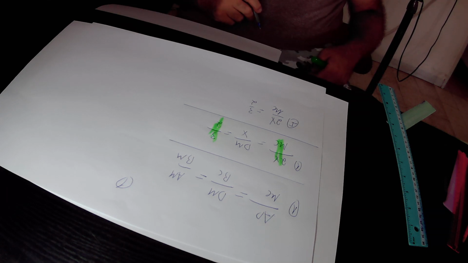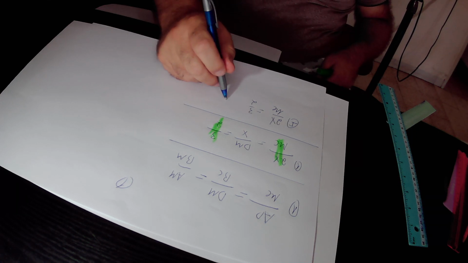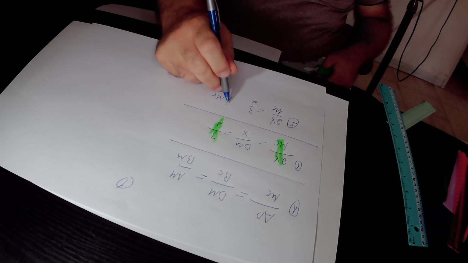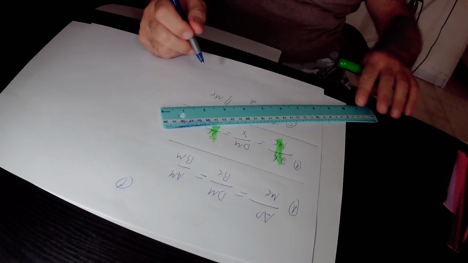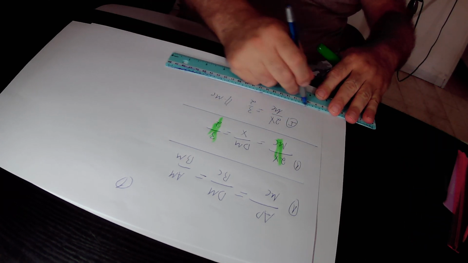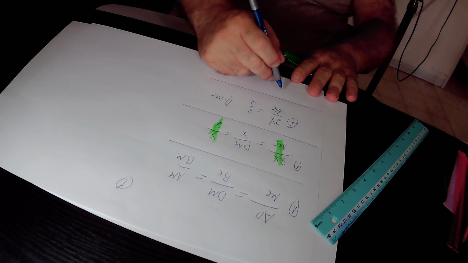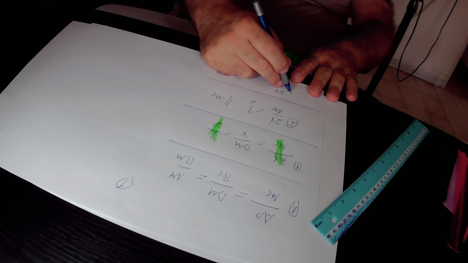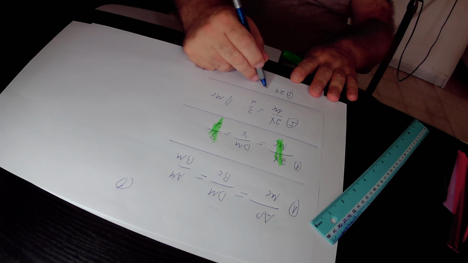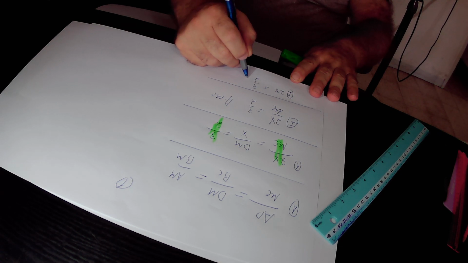Here we will multiply this equation by MC and get that 2x equals 3 over 2 times MC.